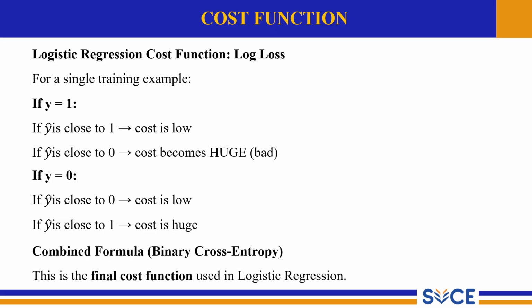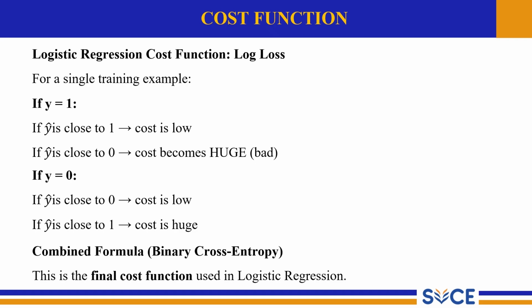In logistic regression, we use log loss, also called binary cross entropy. It is used to measure how well predicted probabilities match actual labels. For a single training example, if y equals 1 and y cap is close to 1, cost is low. If y cap is close to 0, cost becomes very high. If y equals 0 and y cap is close to 0, cost is low.